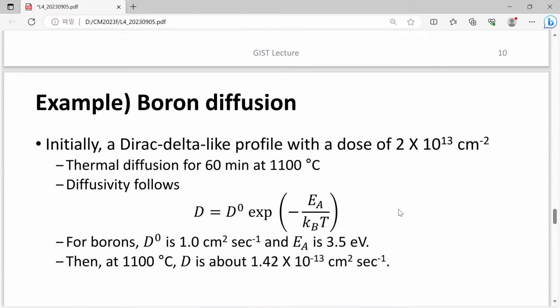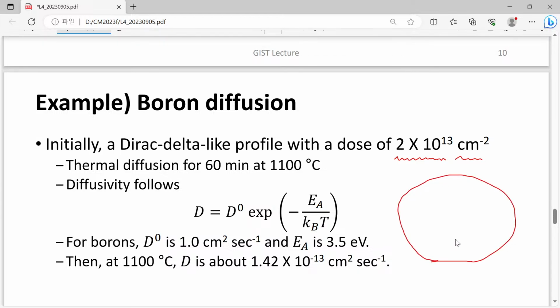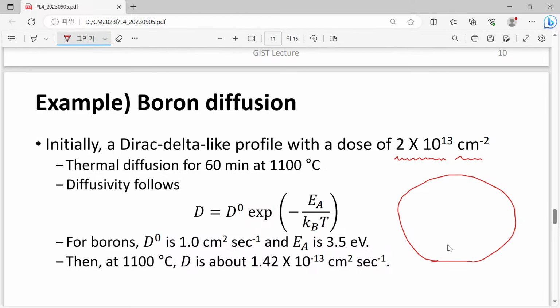Boron diffusion. Let's say that we have introduced boron whose areal dose is given by 2 times 10 to the 13 per square centimeter. Simply speaking, if we have this wafer here, this is the top view, a very thin wafer, then we put our impurities into this wafer.